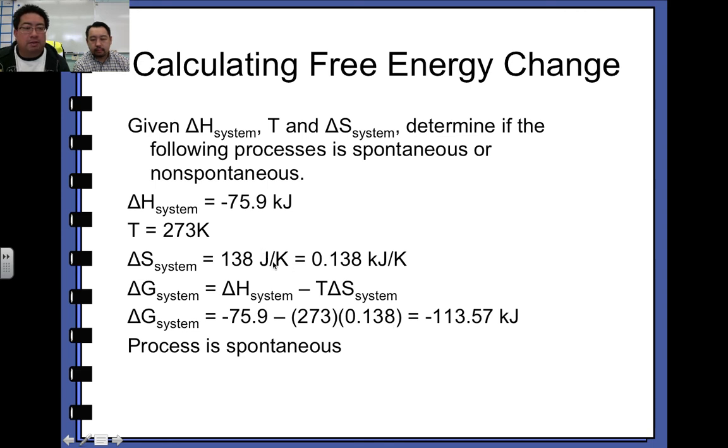To make everything kilojoules, we divide it by 1,000. Then we can go ahead and use our free energy equation, and when we plug in these numbers, we get a negative value for delta G. So we know that the process is spontaneous. And this tells us exactly how much energy is liberated to either heat something or to do work on something else.